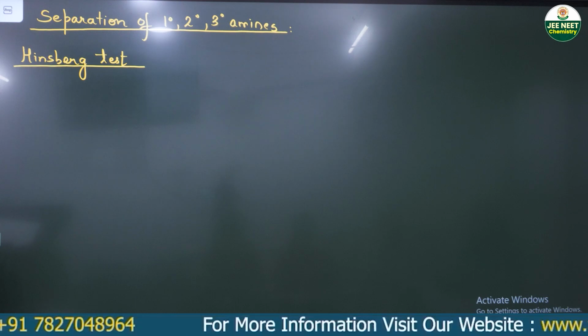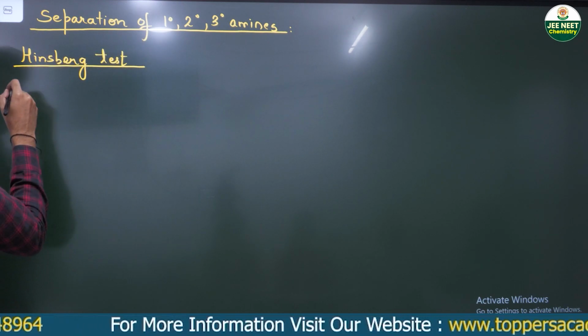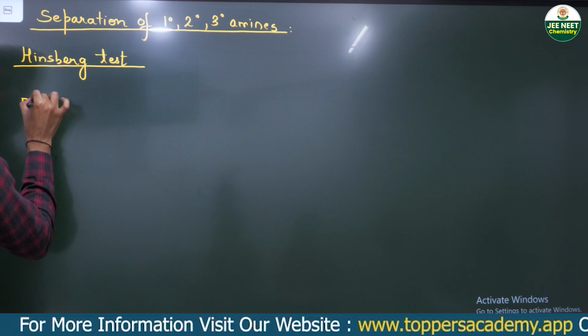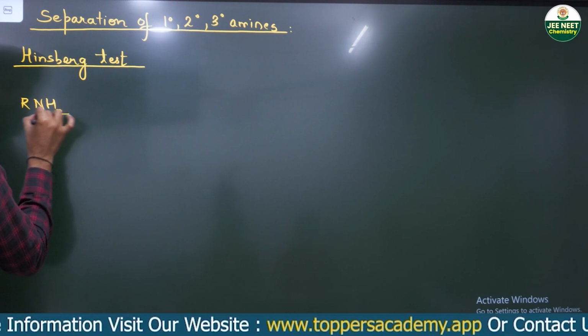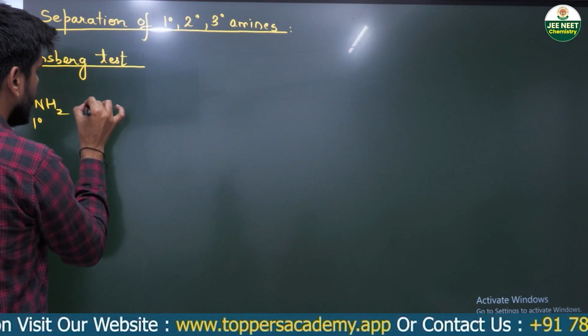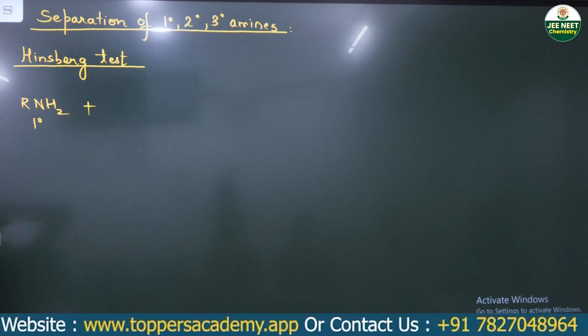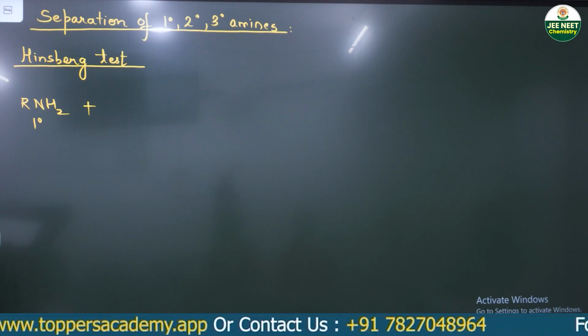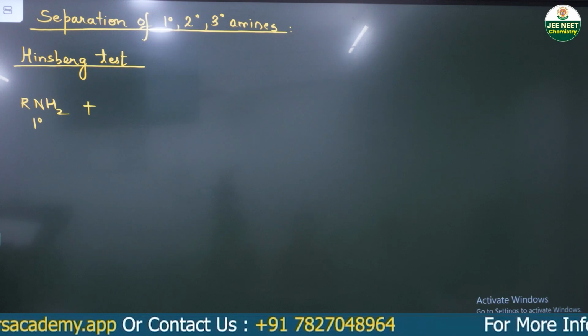Now, how will I distinguish among these three? Suppose I have a primary amine. It is treated with Hinsberg reagent, that is benzene sulfonyl chloride.